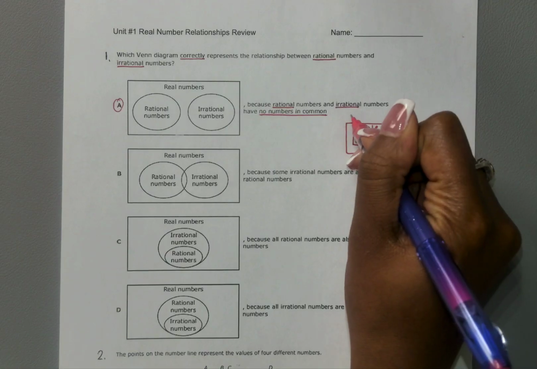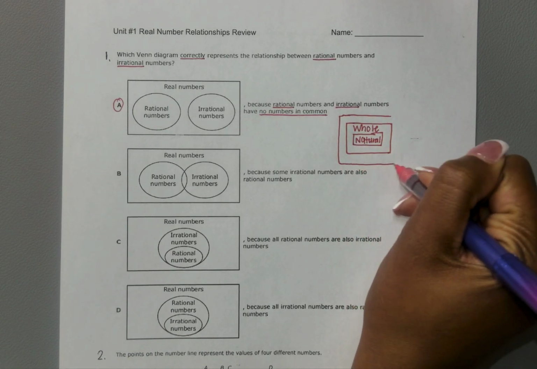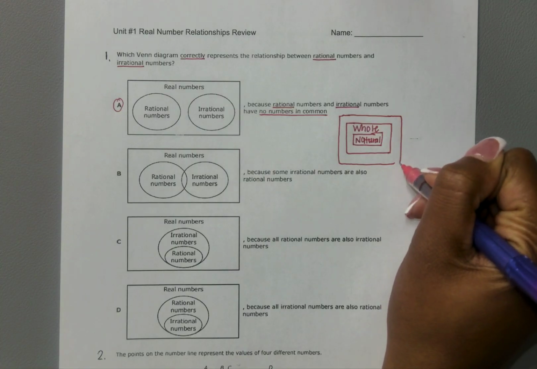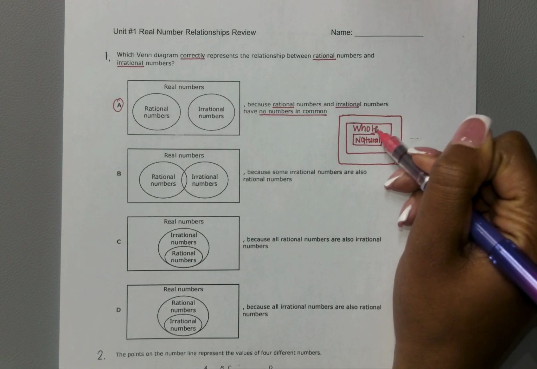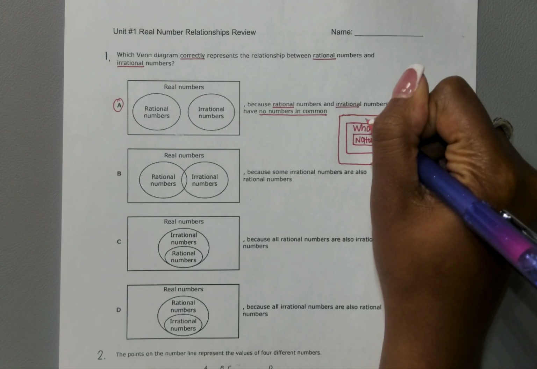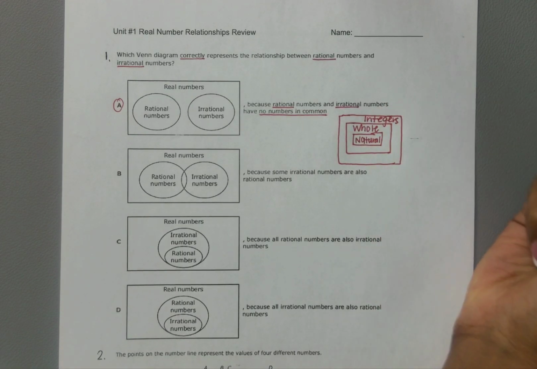Following the whole numbers, we then have integers. Again, integers includes all of the natural numbers, all of the whole numbers, and their opposites. So what's meant by the opposites are the negative numbers.